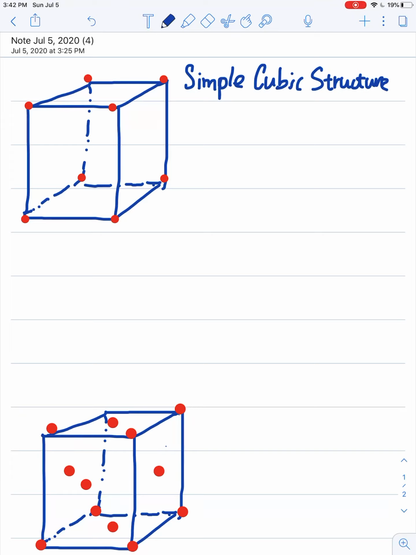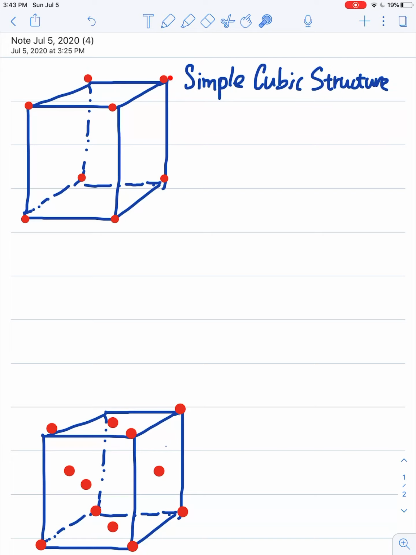And just like what we did for the BCC structure, in order to find out what the APF is, the first thing we need to do is find out the number of atoms inside of this unit cell. Now we only have how many? One atom, 2, 3, 4, 5, 6, 7, 8. 8 atoms at 8 corners.